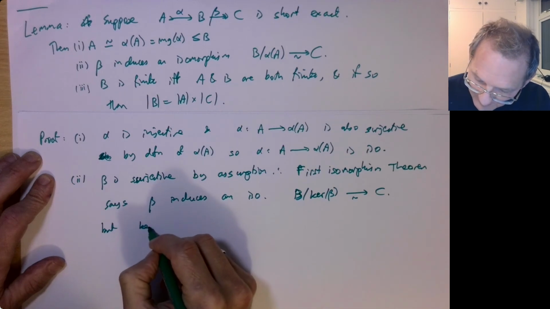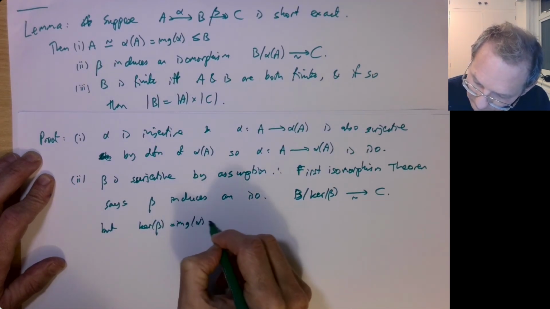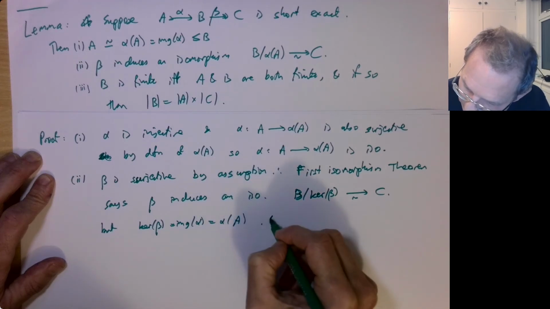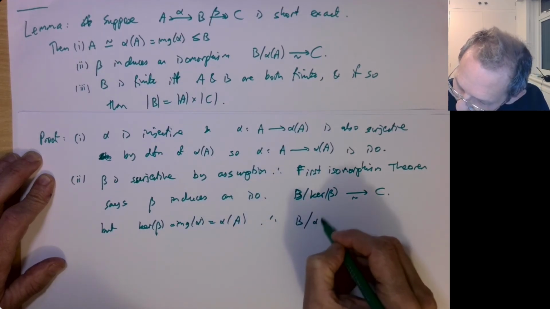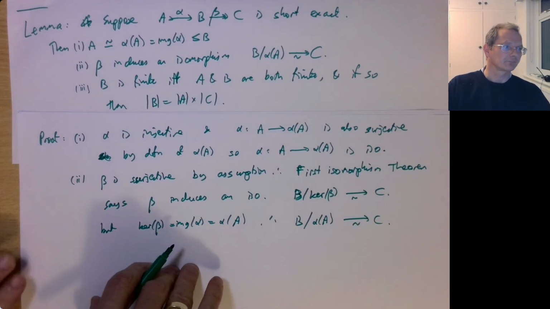But the kernel of beta by assumption is equal to the image of alpha, and so we see that B mod alpha A is isomorphic to C.